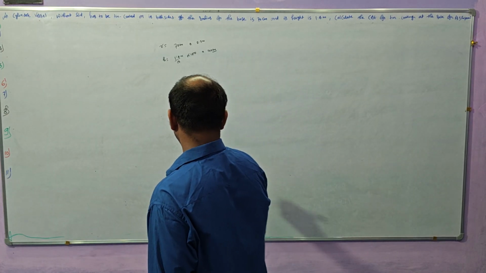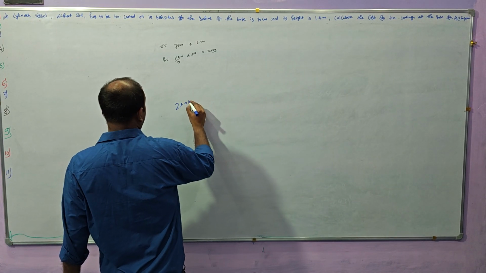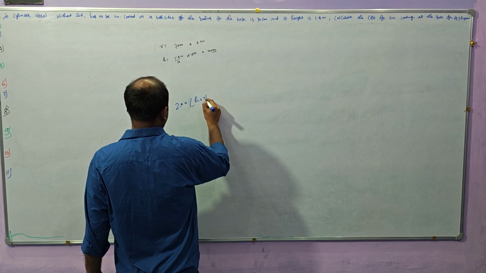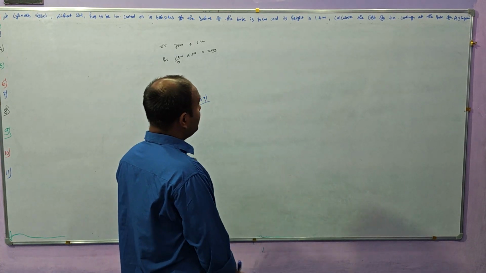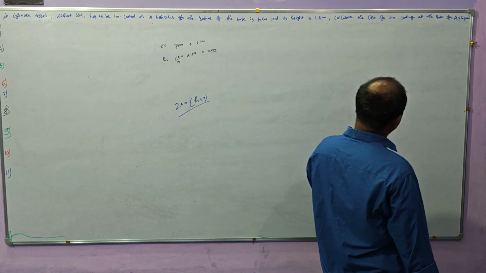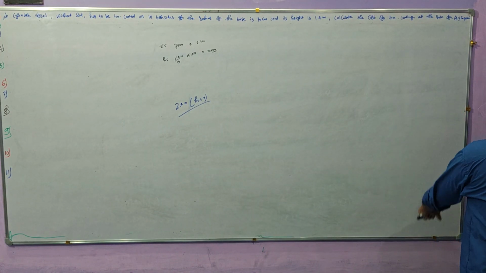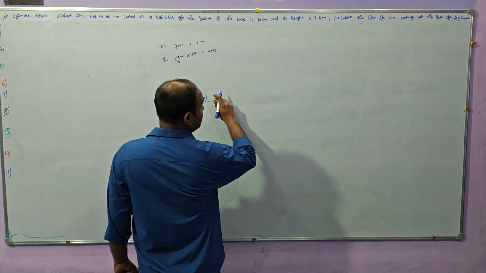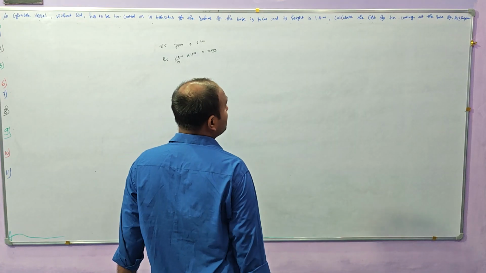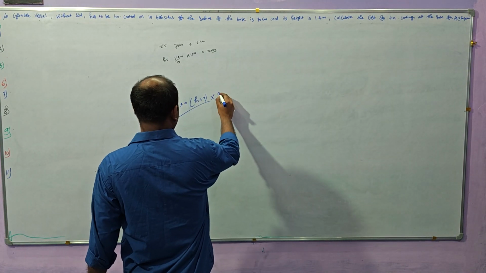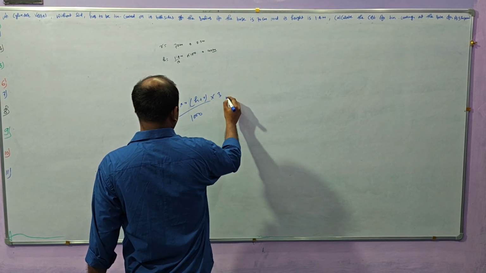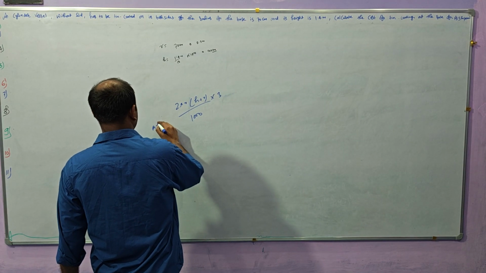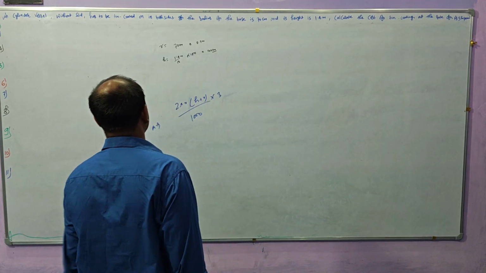So we have 2 pi r into (h plus r), and we have a cost 3 per 1000 centimeter square, and from this we got 3 into 1000, that is the rate in rupees.